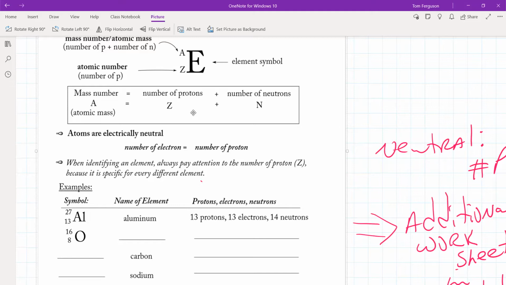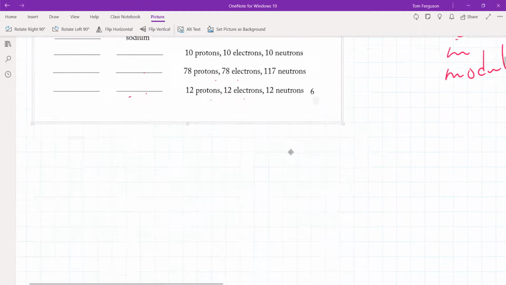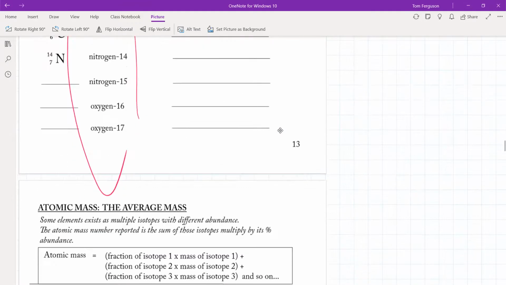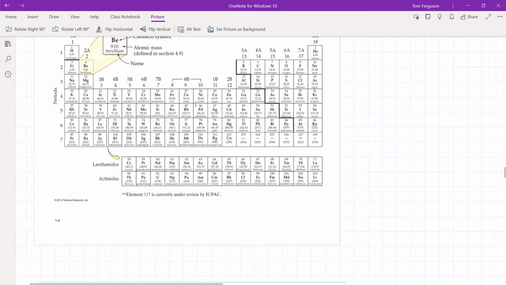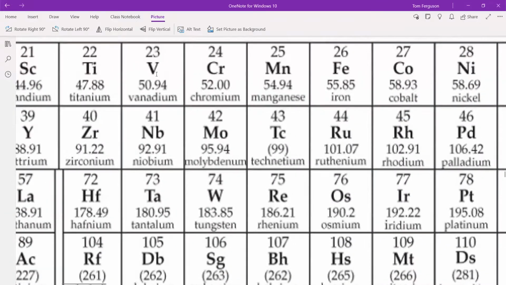Now, the code for this is Z, the number of protons or the atomic number, and that is referenced in the periodic table. We haven't talked about the periodic table yet, but all of you have probably seen one, which is going to look like this. There are two numbers in the periodic table.